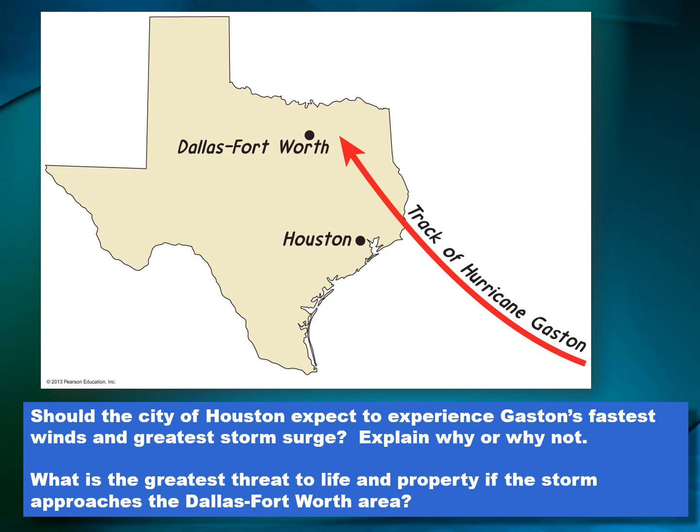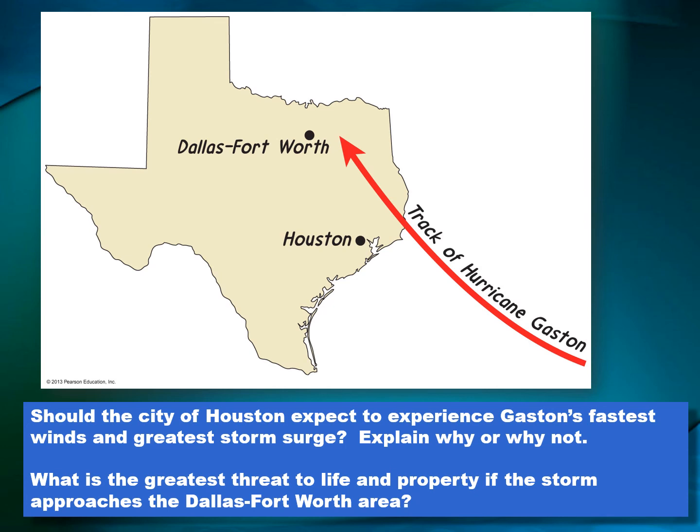Oh, this is actually kind of a good question here. So this was the track of Hurricane Gaston. I forget what year that was. Anyway, should the city of Houston expect to experience Gaston's fastest winds and greatest storm surge? Why or why not?